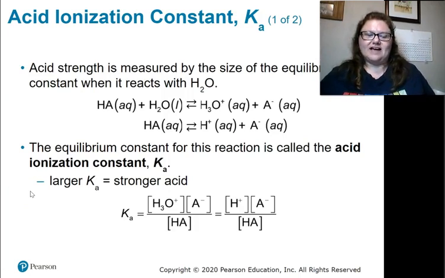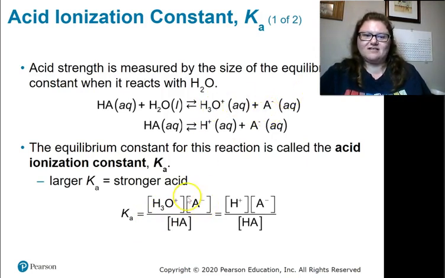And so based on the reaction that we see in the middle of the screen, we can write the general form of Ka a couple different ways. So we could say that it's the conjugate acid concentration and the anion concentration, right?